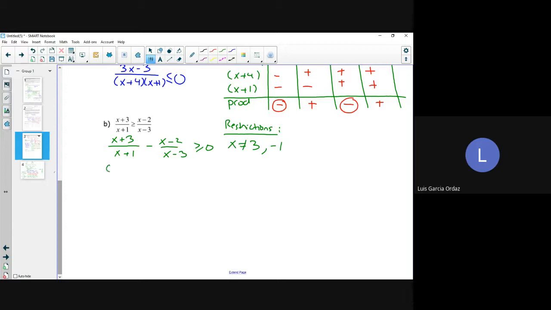So we get x plus 3 times x minus 3 minus x minus 2 times x plus 1, all over x plus 1, x minus 3, and all greater than or equal to 0.